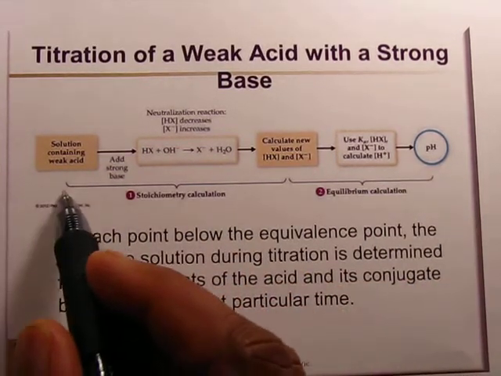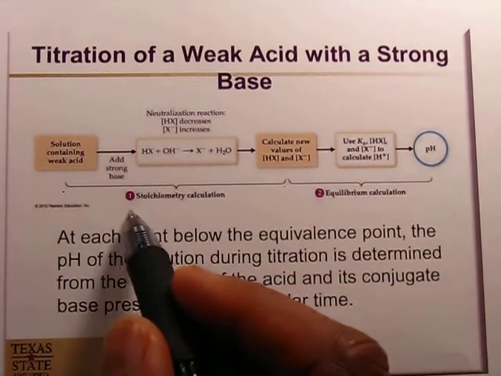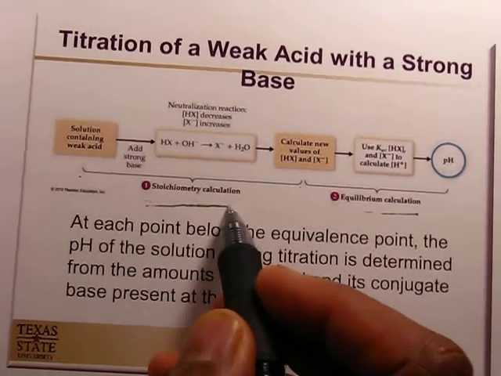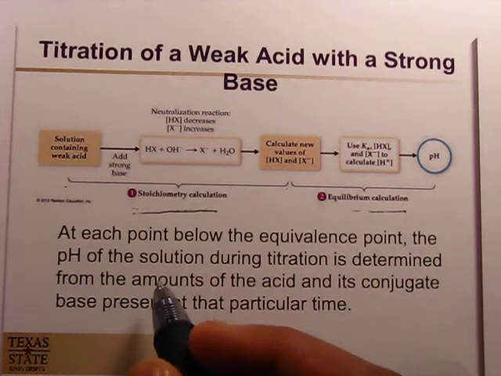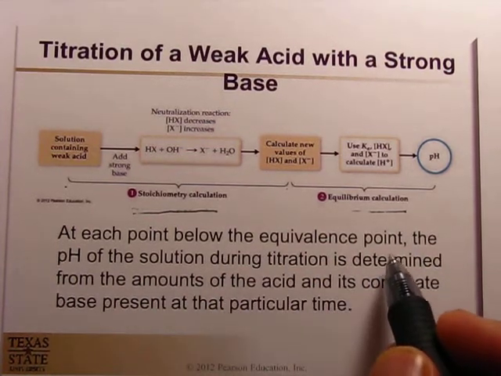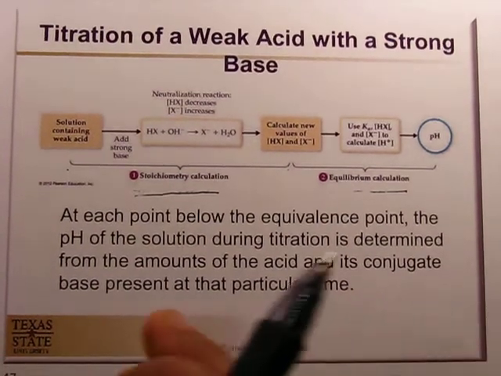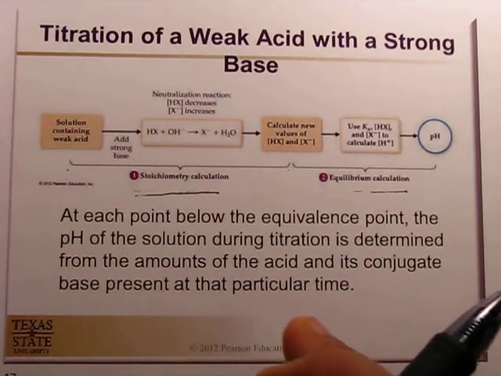This region is called the stoichiometric calculation, divided into a stoichiometric region and an equilibrium calculation. At each point below the equivalence point, the pH of the titration solution is determined from the amount of the acid and its conjugate base present at that time.